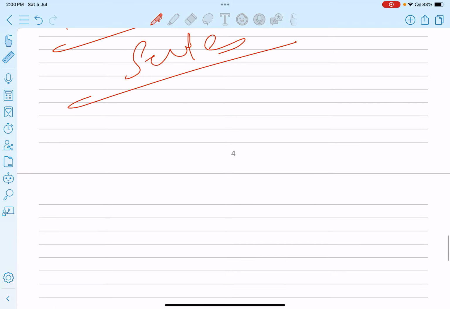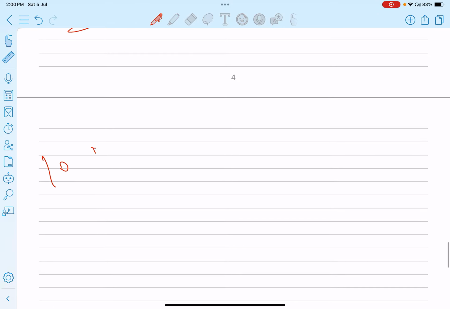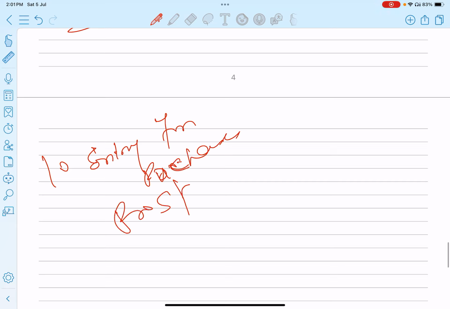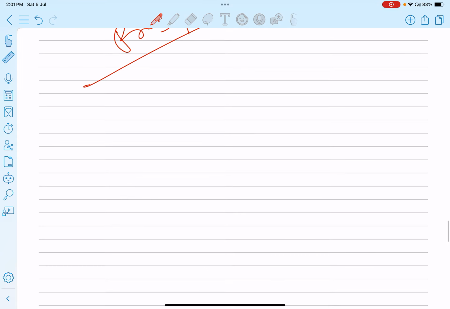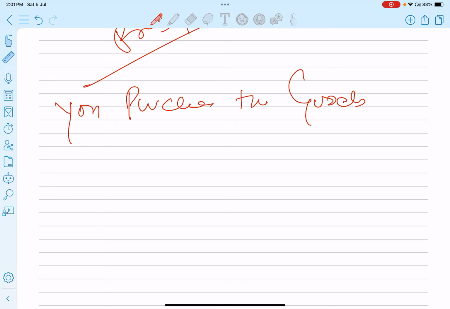Similarly, we will learn 10 entries from the purchase perspective. So how does that work? First, you purchase the goods, first in cash.